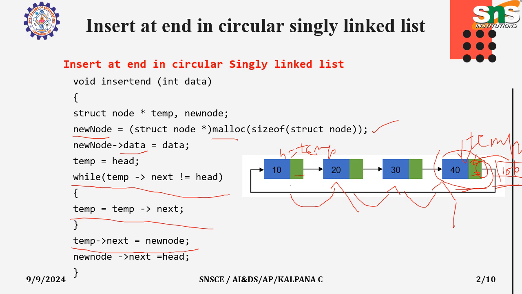Then the new node's next field will be connected to the first node. The first node is represented as head, so new node's next is equal to head. This is the operation we perform in a circular singly linked list for insertion at end.